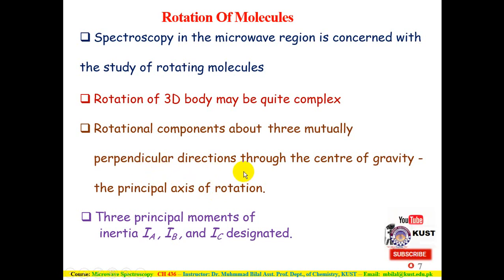So we can divide this into 3 moments of inertia, IA, IB and IC, because the molecule rotates about 3 axes of rotation: x-axis, y-axis and z-axis.